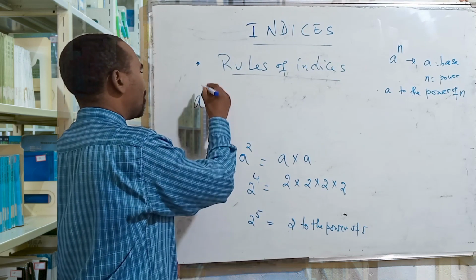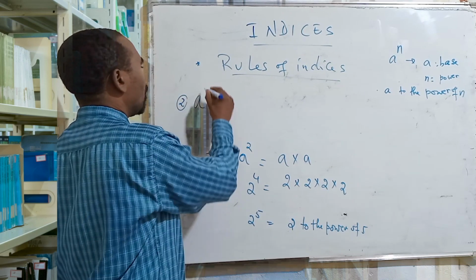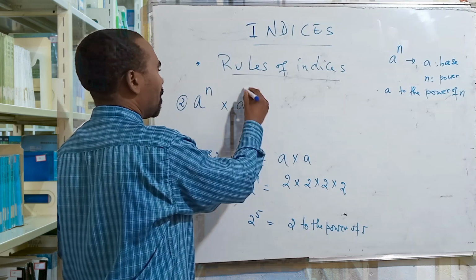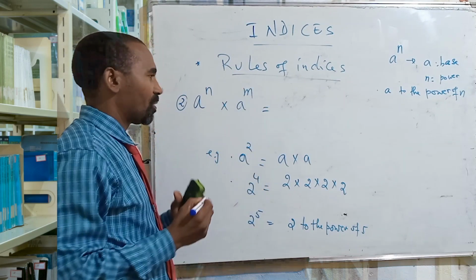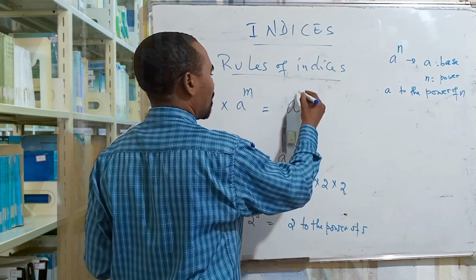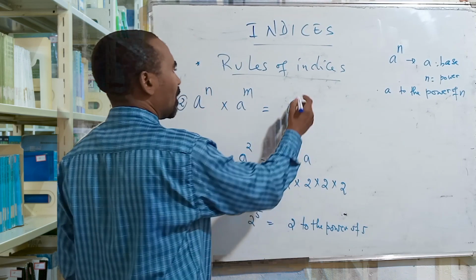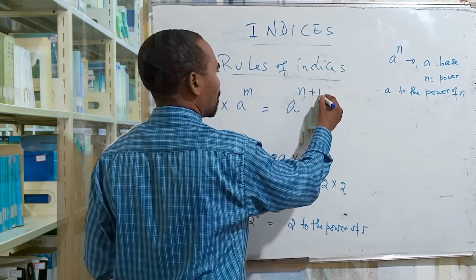Second property. When now you have a^n times a^m, this means the same as you copy the base and you add the powers.